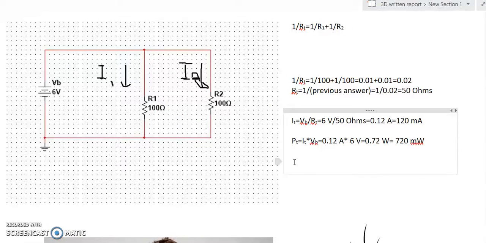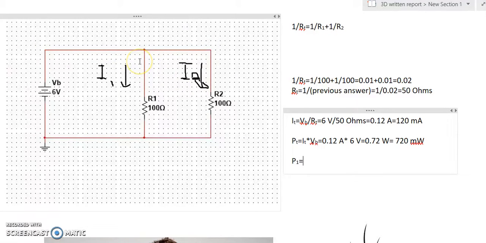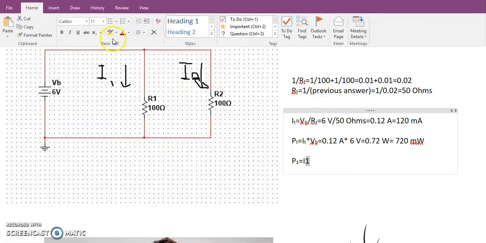So in order to find the power, and in this case I'm looking for P1, I need to know I1 and I need to know V1, V of R1.